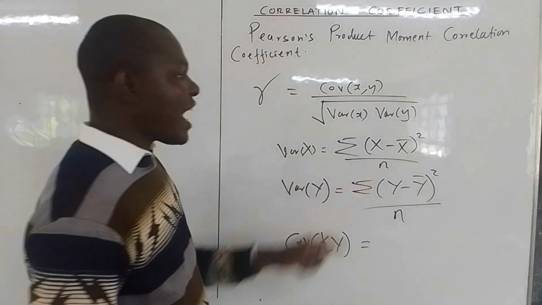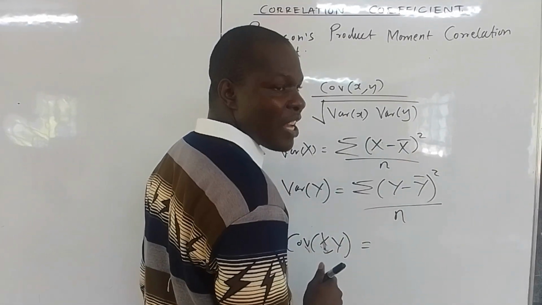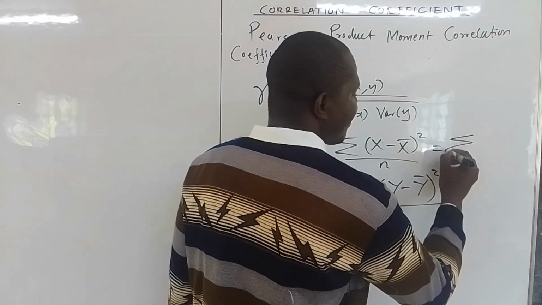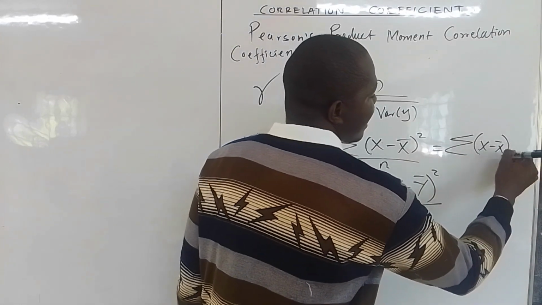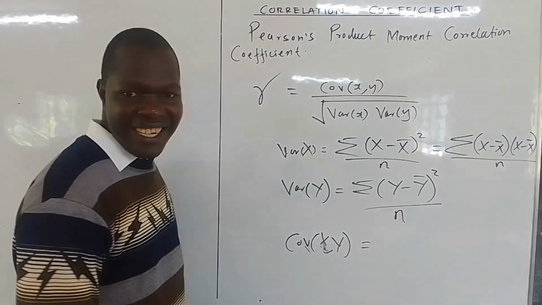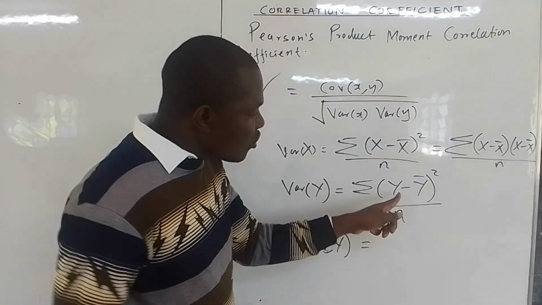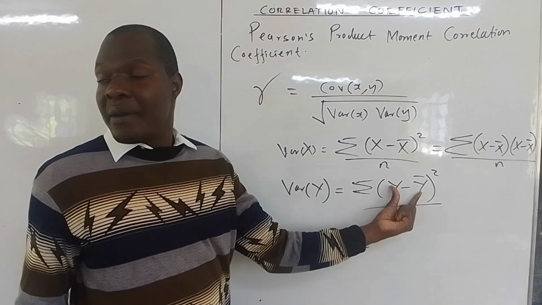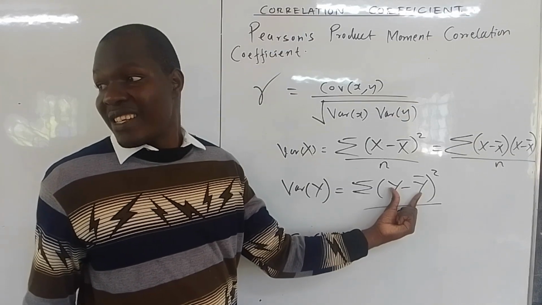When it is x minus x bar squared, it is like saying the summation of x minus x bar times itself, over n. In covariance, the second factor is y minus y bar.